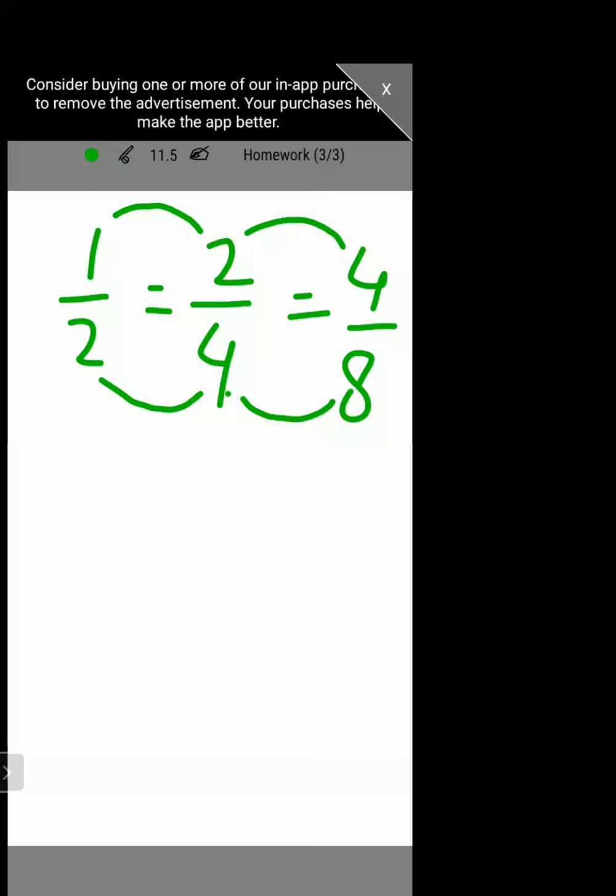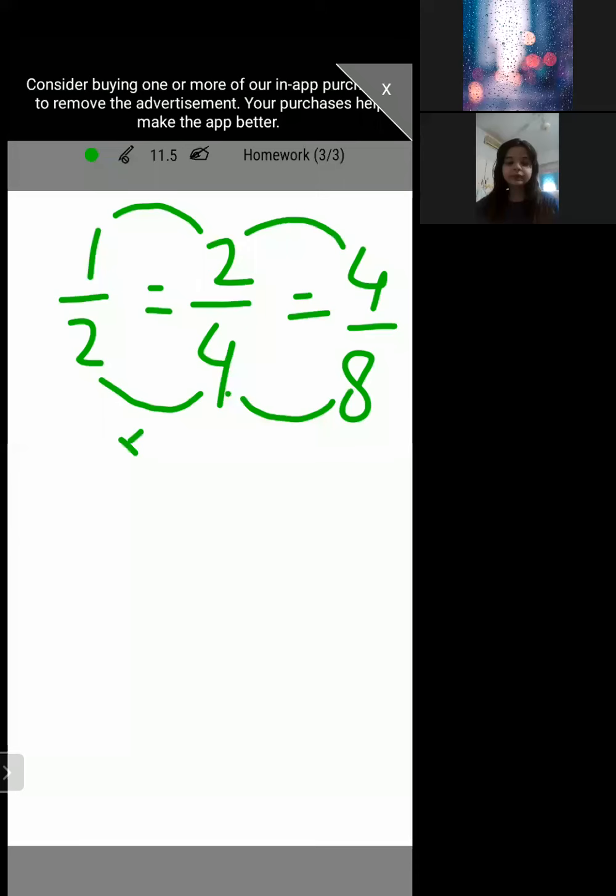Then in the numerator as well, first number is 1, twice of 1 is 2, and twice of 2 is 4. What we are doing mathematically is multiplying the numerator and denominator both by the same number. We are going to multiply both of them by the same number to get the equivalent fraction. 1 2s are 2, 2 2s are 4, 2 2s are 4, and 4 2s are 8.